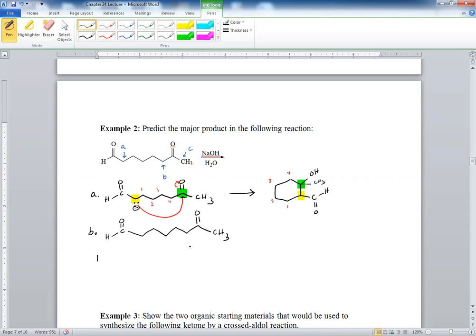Okay, so we said B will be the enolate, and it will attack the carbonyl carbon on the left side. So we need to color them. This is yellow, and this is green.